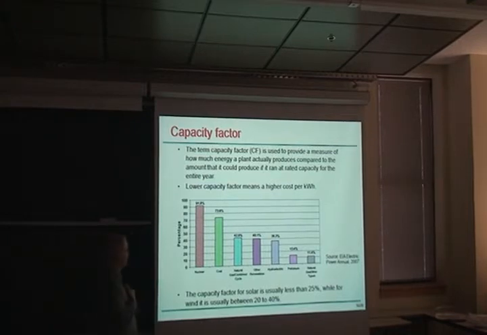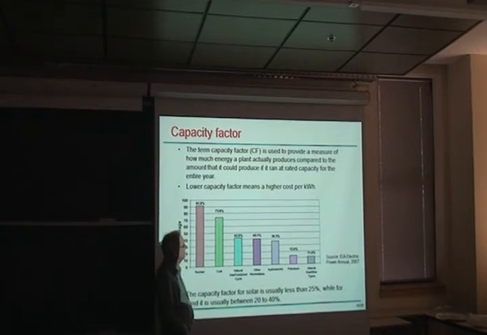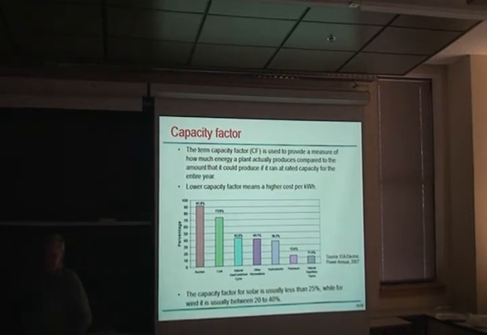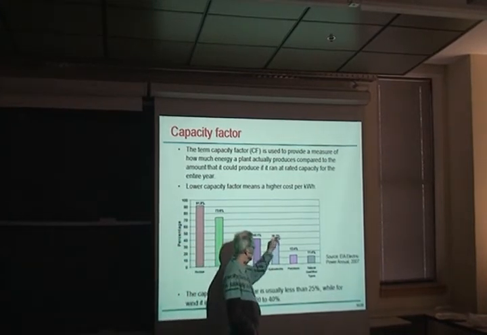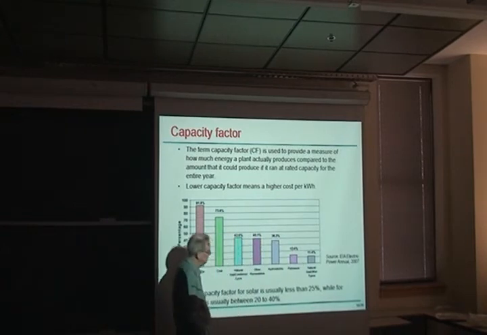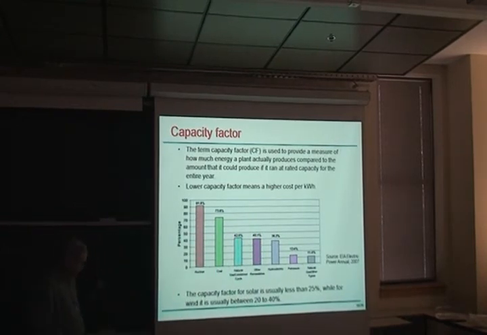Nuclear, I actually thought it would be higher, is 92%. So nuclear runs most of the time at 100% output. Coal is about 74%, and then things drop off from there: combined cycle natural gas, hydro, petroleum, simple cycle natural gas.